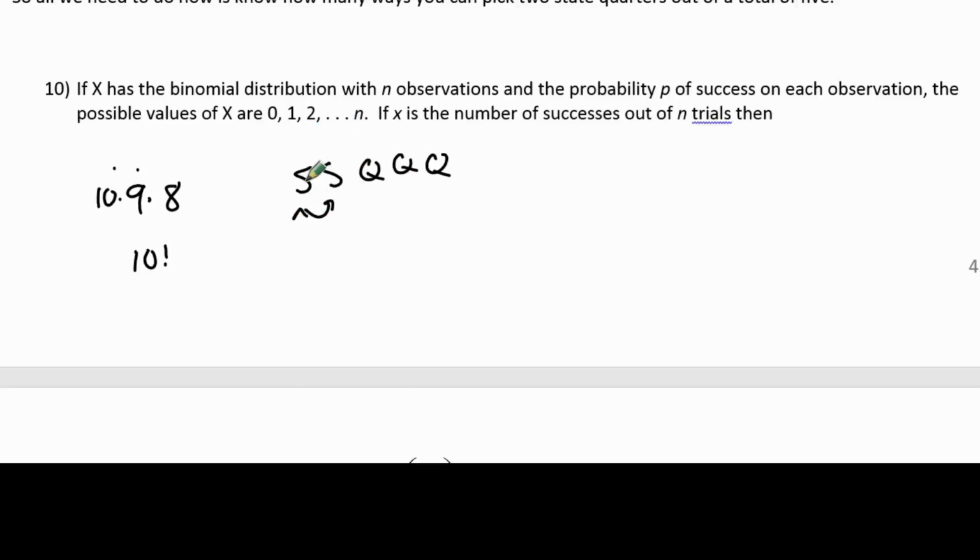So since this switching around of any of these S's or any of these Q's doesn't matter, this is what we know as a combination. If it mattered, if like this quarter and this quarter switch mattered, then that would be a permutation.